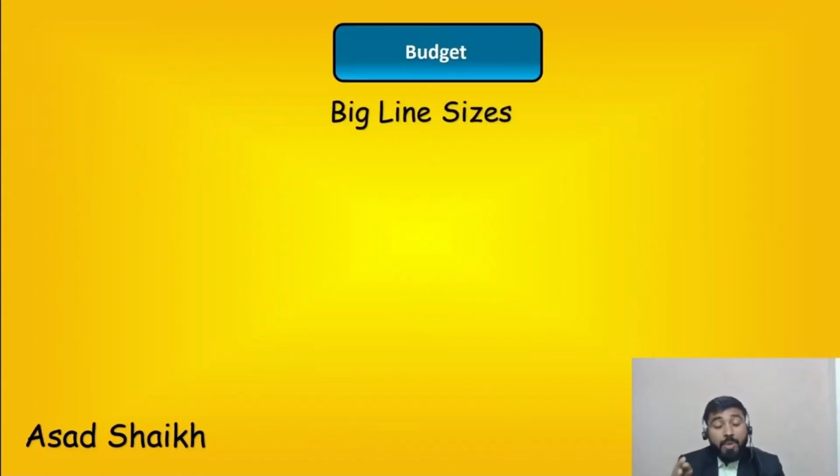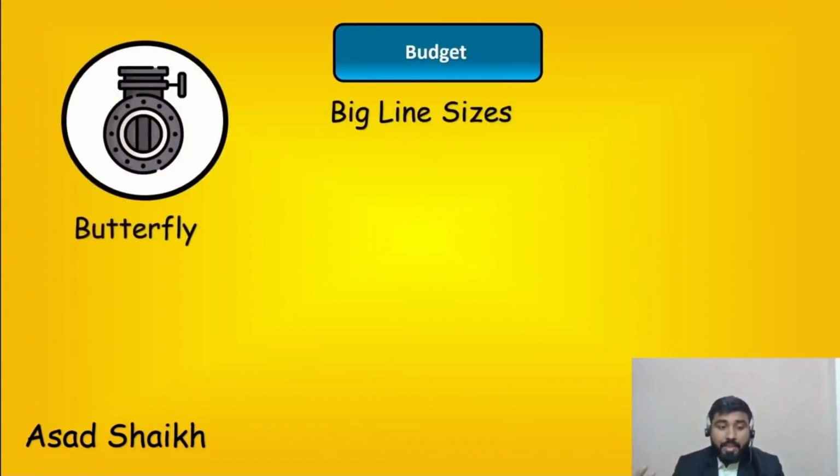Now the budget will greatly depend on your line size. As somebody said in the comments very clearly, as the line size increases, the impact of the size on globe valve cost will become 2 times, 4 times. It will increase dramatically as your line size increases, and also the maintenance will become tougher.